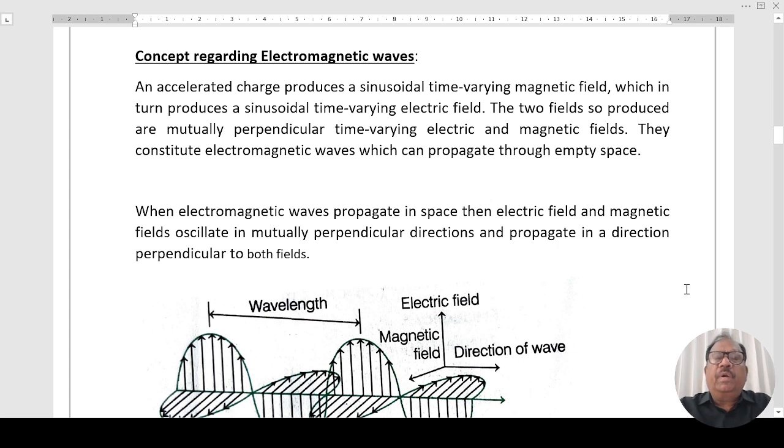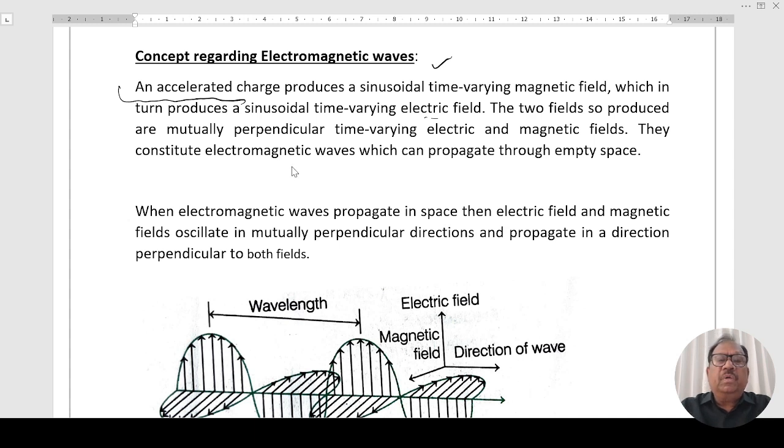Concept regarding electromagnetic waves. How electromagnetic waves are generated. An accelerated charge produces a sinusoidal time varying magnetic field, which in turn produces a sinusoidal time varying electric field. The two fields produced are mutually perpendicular time varying electric and magnetic fields.